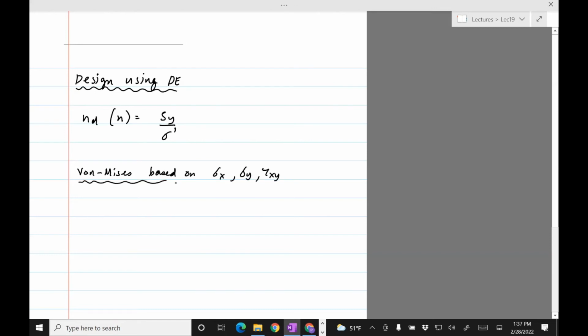So we've looked at the formula for von Mises based on sigma 1, sigma 2, and sigma 3. If you want to compute the von Mises stress in terms of sigma X, sigma Y, and tau XY, like in a typical problem where you won't be given the principal stresses, then you can use this formula which transforms stress from principal stresses to sigma X, sigma Y to compute the required expression, so plus or minus sigma X minus sigma Y plus tau XY squared.